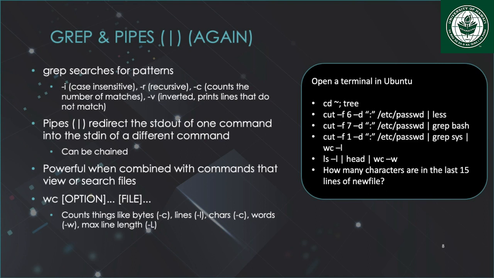And now is a good time to discuss the wc command, word count command, which is very useful for counting things like words, bytes, lines, characters, and even max line length. Now, we've used wc before just a little, and we'll do it again a couple of times more in the examples that follow, just to get used to using that command.